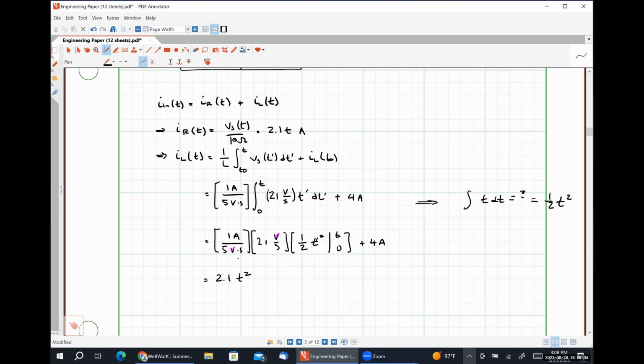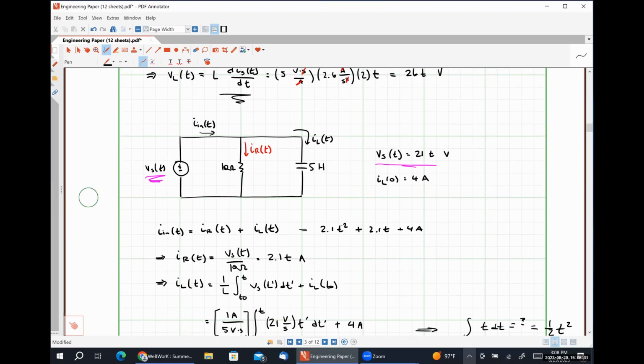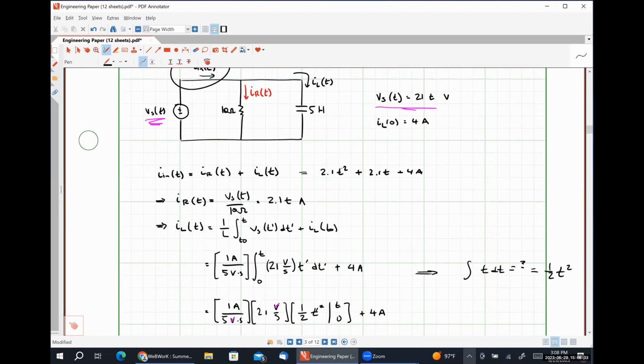Let's see, amps, so that's 2.1 amps per second squared times time squared is just going to give me amps, plus 4 amps. So when I add all this stuff together, I'm going to have 2.1t squared plus 2.1t plus 4 amps is what my current I_N looks like.